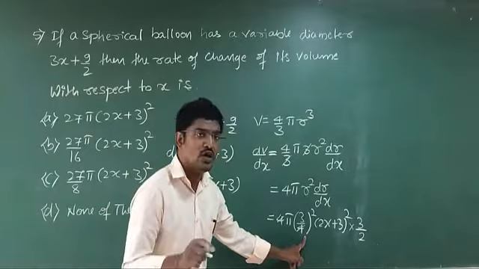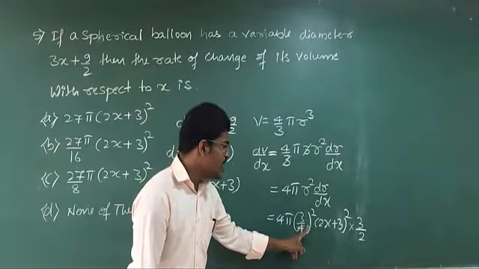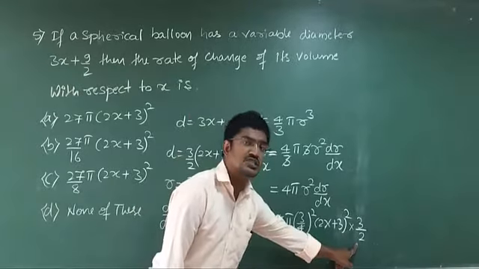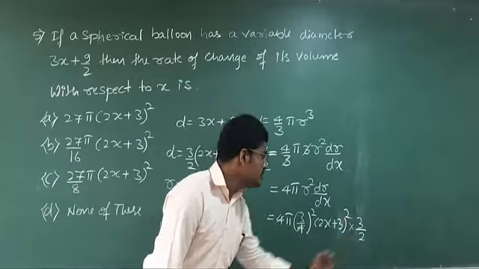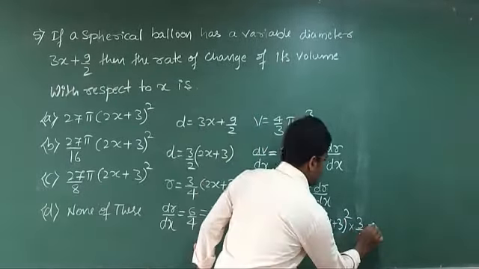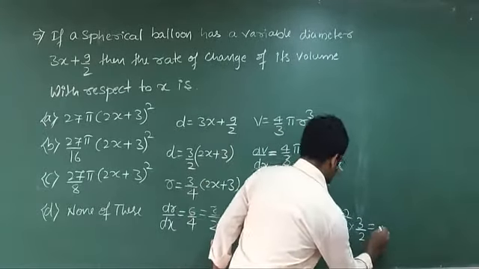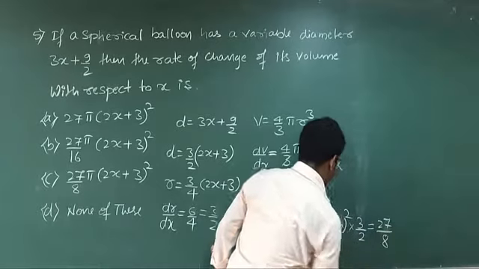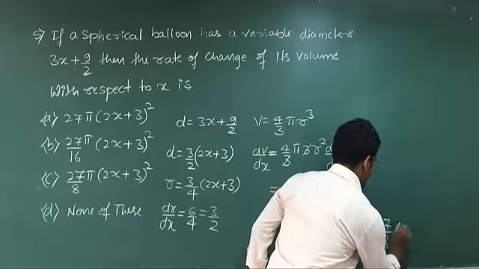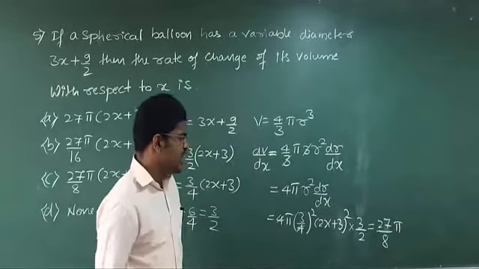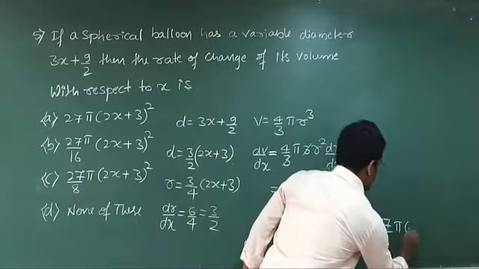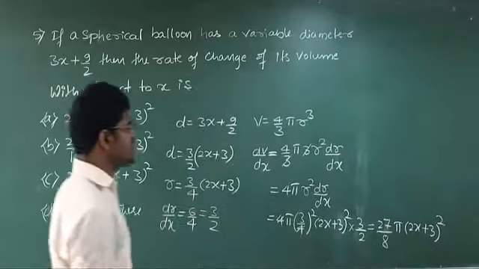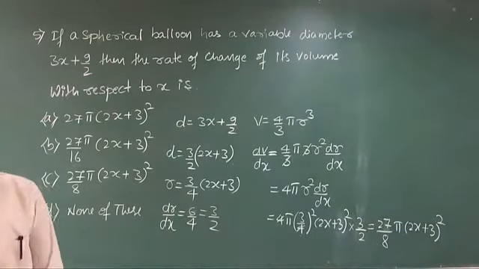Here you will remain with one more 4, that is 9 by 4. Clear? 9 by 4 into 3 by 2 is 27 by 8 pi times 2x plus 3 whole square. So this is your dV by dx.